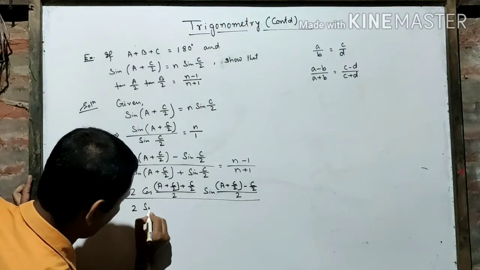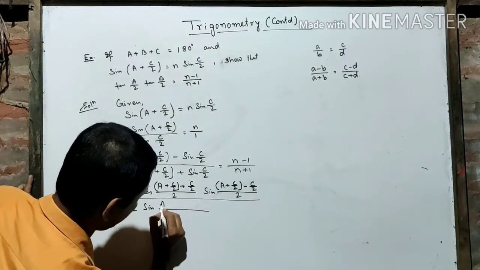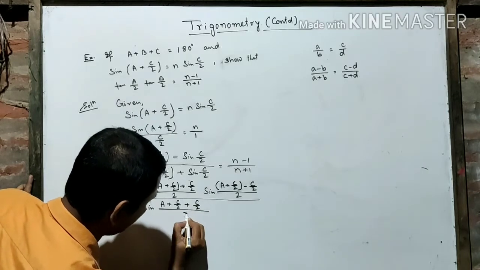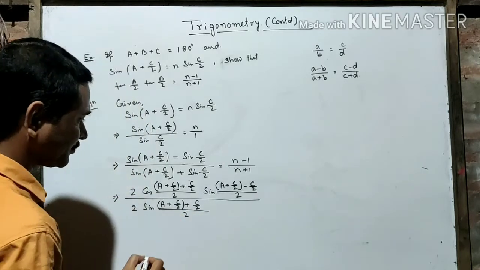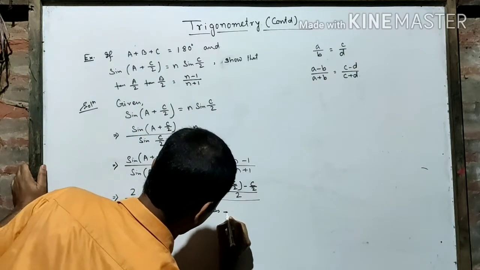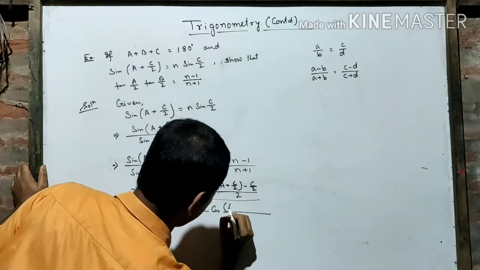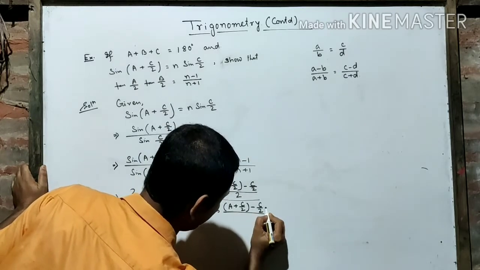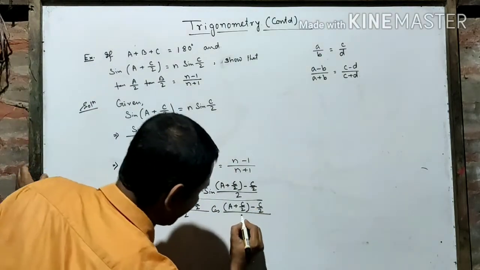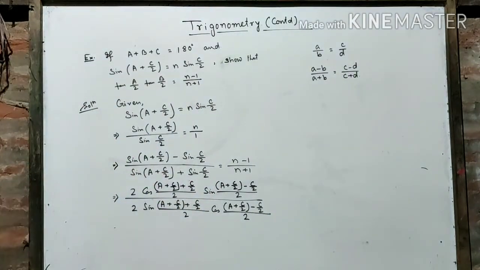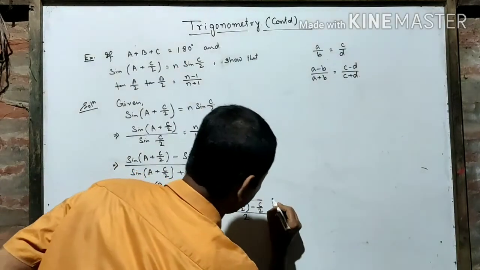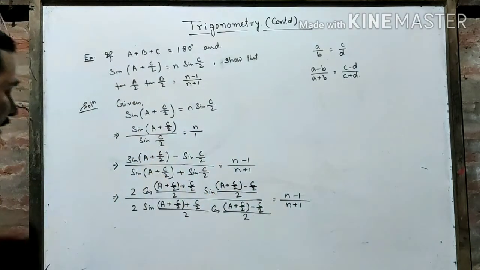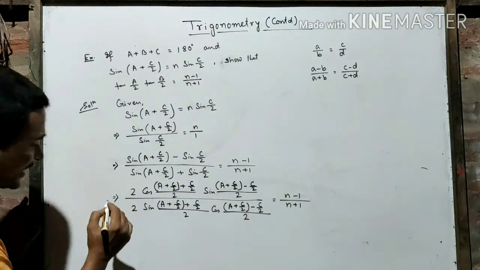So 2 sin c plus d by 2 into cos c minus d by 2, right? Is equal to n minus 1 by n plus 1. Now you simplify, 2 gets cancelled.